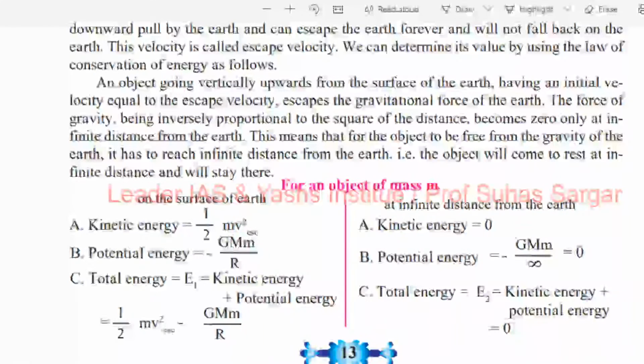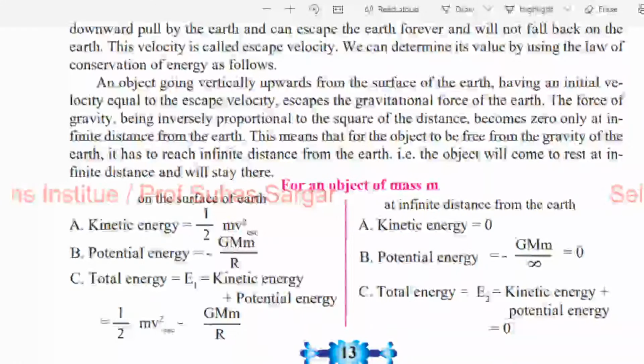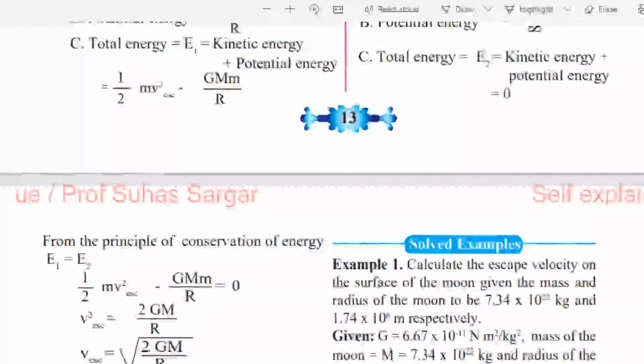The total energy of an object of mass m on the surface of earth, capital E1, is equal to kinetic energy plus potential energy, that is half m v escape square minus capital G capital M small m upon capital R, while the total energy for an object of mass m at an infinite distance from the earth, E2, is equal to kinetic energy plus potential energy, which is 0.